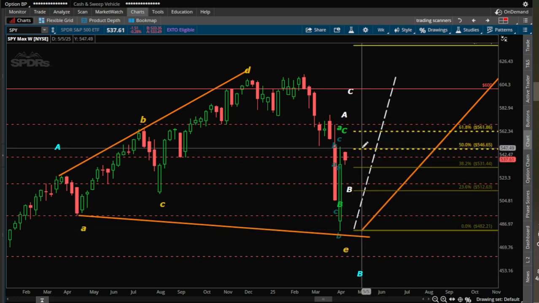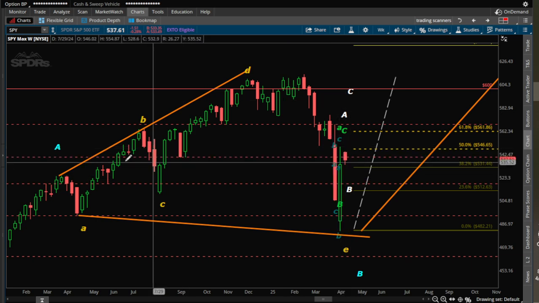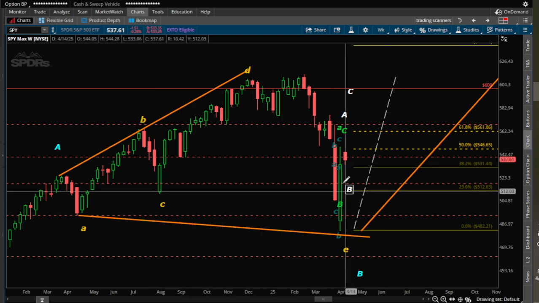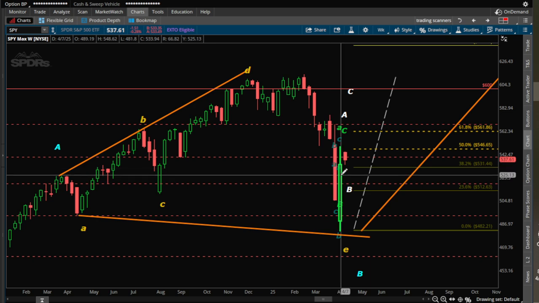So here's our 50. The first spike, man, that's close. But such a big degree of moves, I would hate to call that 3 moves on one candlestick.